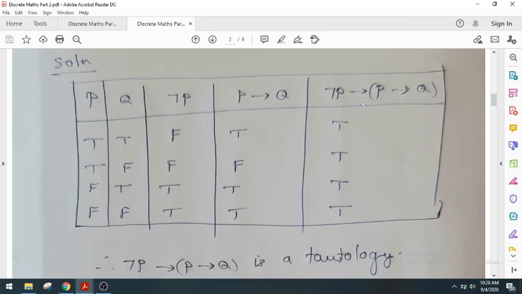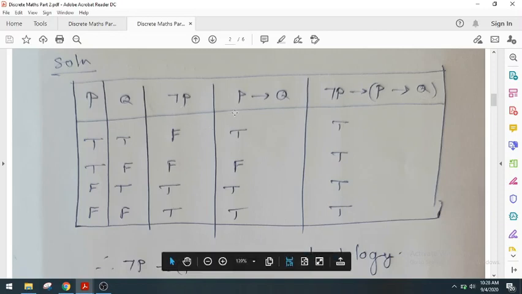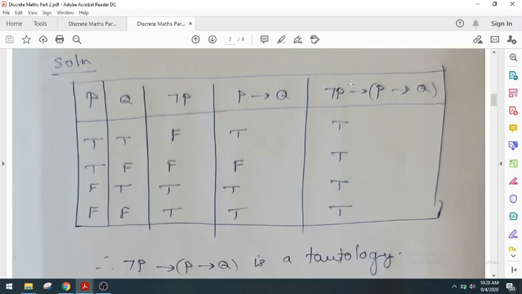Now negation P then Q. So already we found negation P here, P then Q here. Then we have to find negation P then Q. Here also we are going to use the then condition.